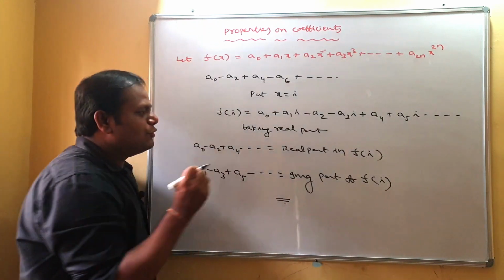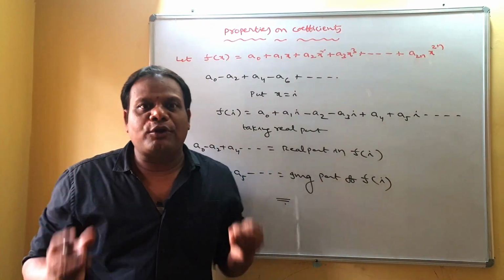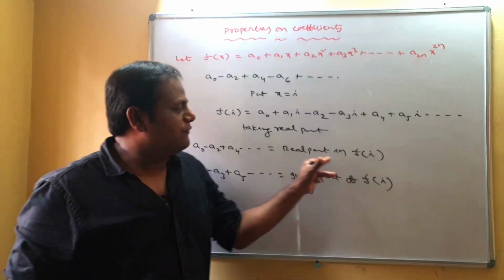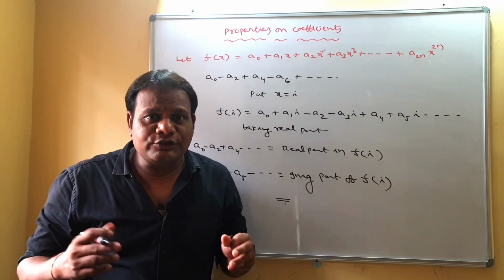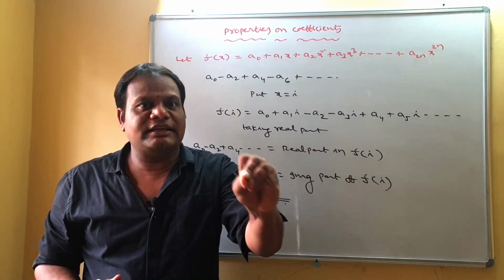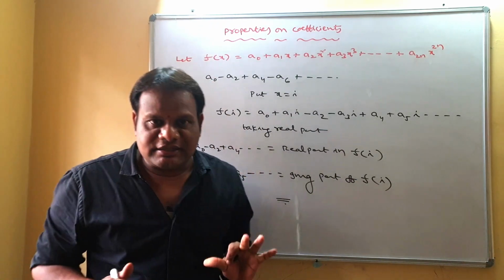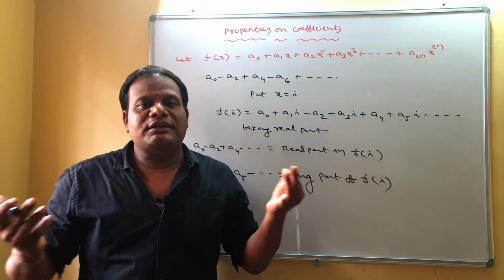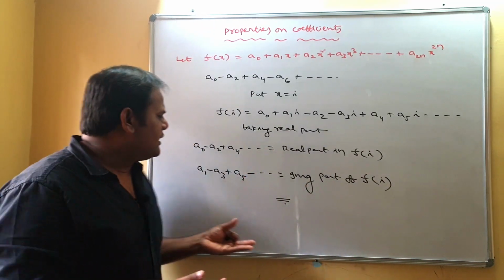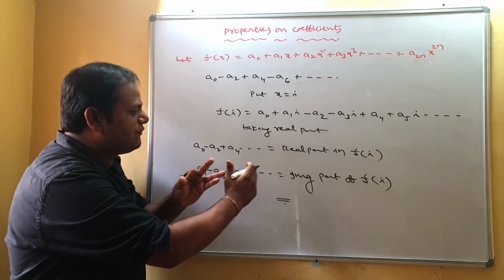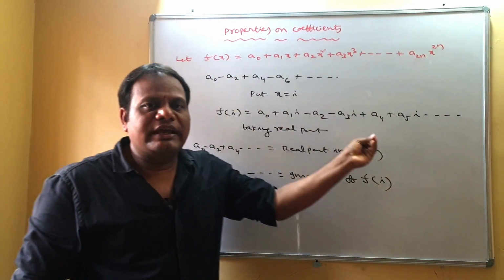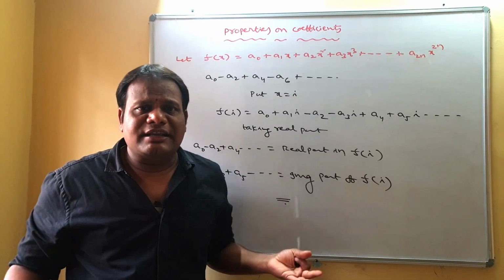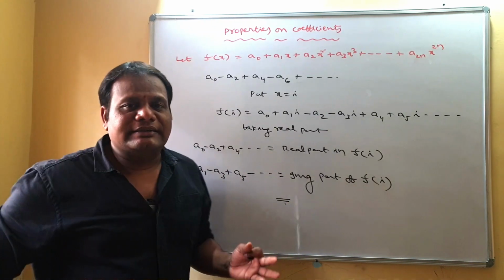So from now onwards, in any problem, if they ask a0 minus a2 plus a4 minus so on, you put x equal to i in the given expansion, and after that you take the real part, and from that you get the answer. If they ask a1 minus a3 plus a5 minus so on, you take i in the given expansion and consider the imaginary part, then you get the answer.